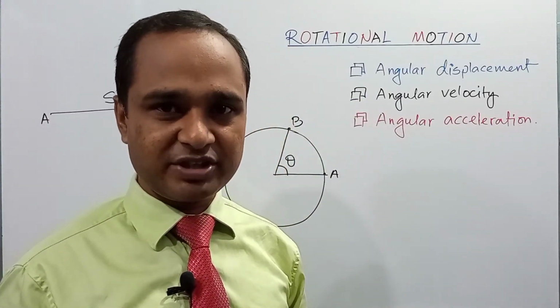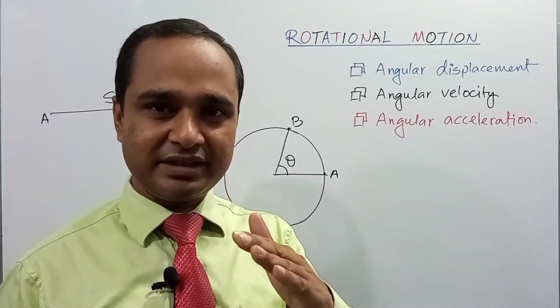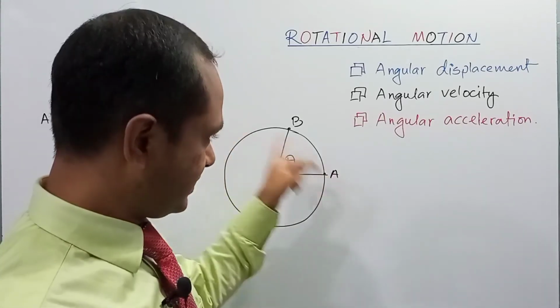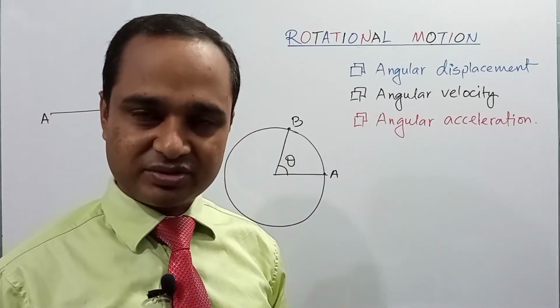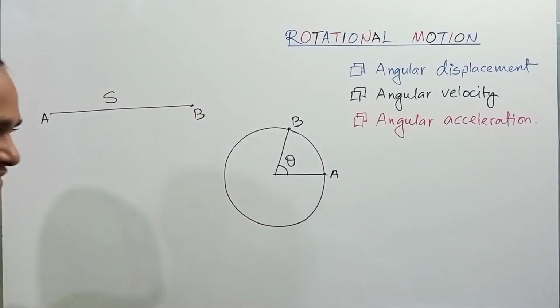That is, the angle created by the travel path of a circular path is known as angular displacement. So angular displacement is denoted by theta.